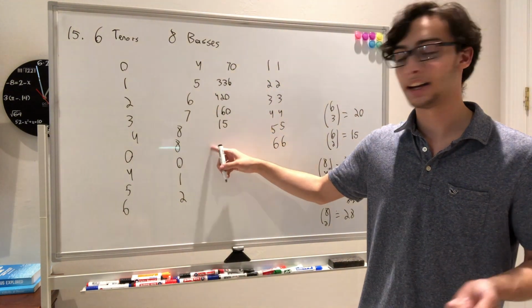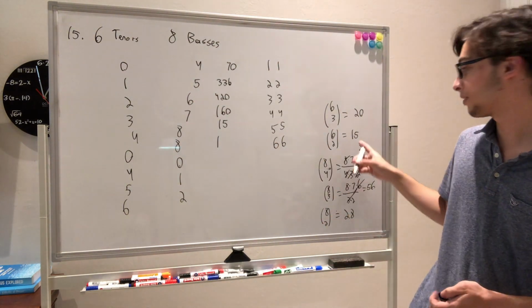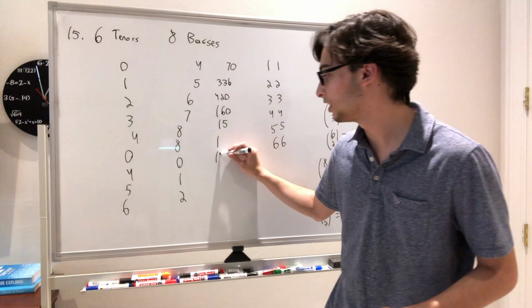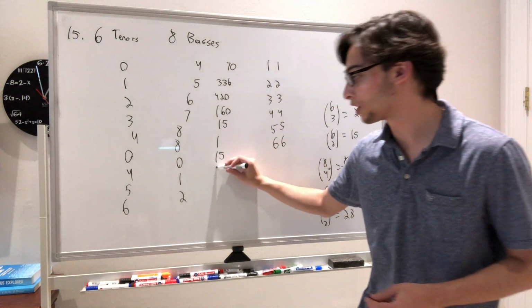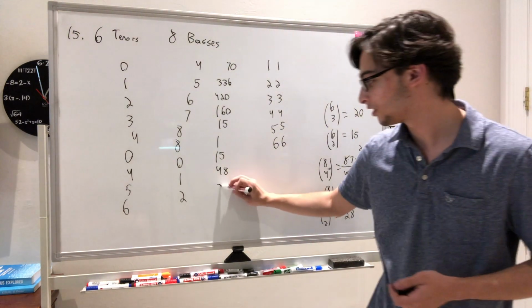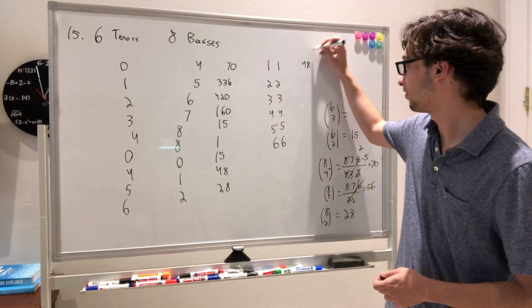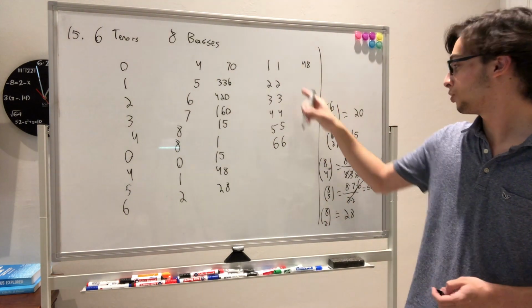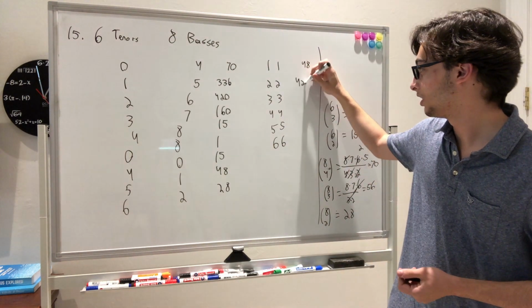For 0, this is going to be 1, 6 choose 0 and 8 choose 8. And then you have 6 choose 4, which is 15, times 1 is 15. Now you have 6 choose 5, which is 6, times 8 is 48. Now you have 1 times 8 choose 2, which is 28. Now we have 6 choose 1 times 8 choose 1, which is 48. Now we have 6 choose 2 times 8 choose 2, which is 28 times 15 again, which is 420.